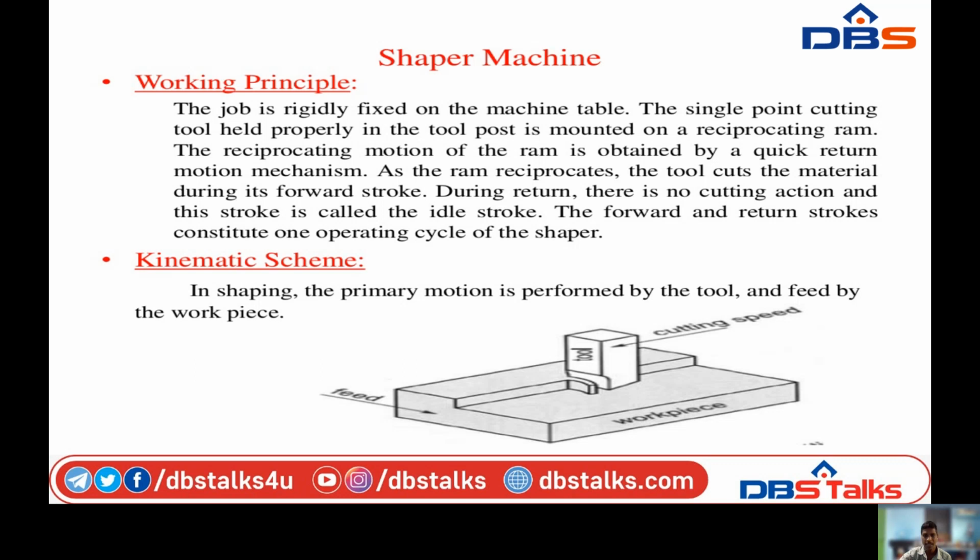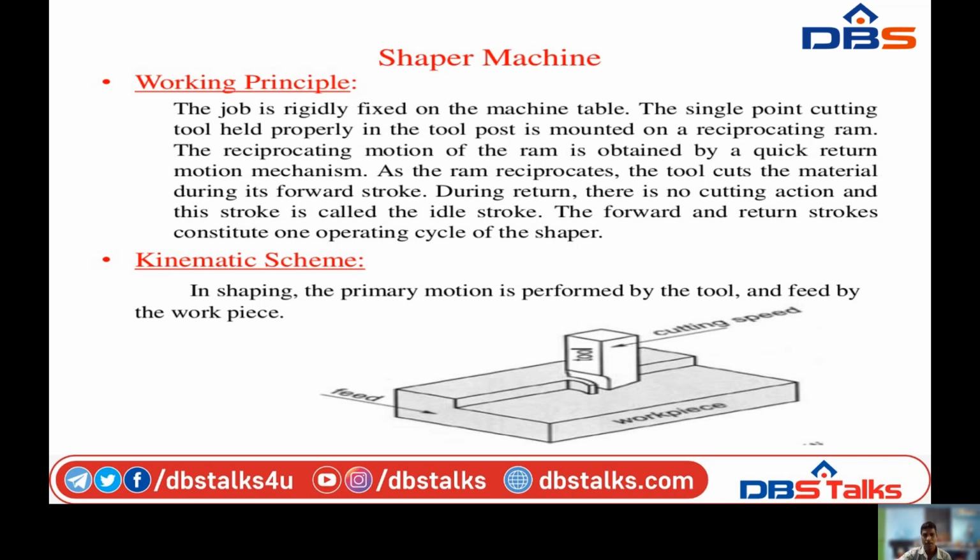The forward stroke is the cutting stroke and the return stroke is the idle stroke. In the forward stroke the single point cutting tool removes the material. In the return or backward stroke, no cutting action is performed in shaper machines. Only the forward stroke is the cutting stroke; the return stroke is the idle stroke.